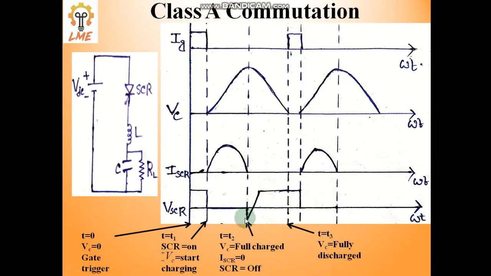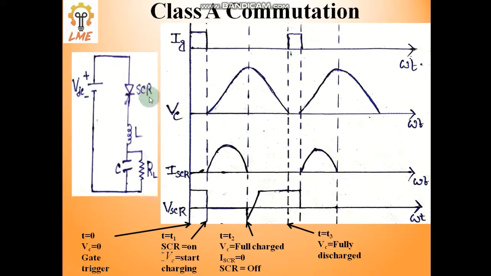Again at t equal to t2, the voltage builds up in the negative direction, because the voltage across the SCR is whatever voltage is stored across VC, since VC at t2 is more than VDC.